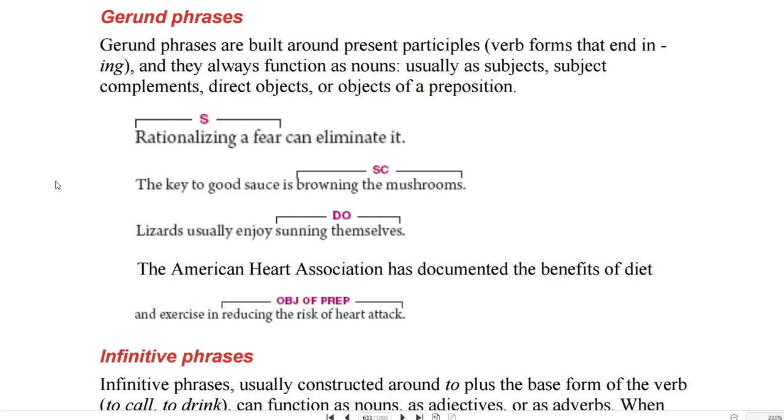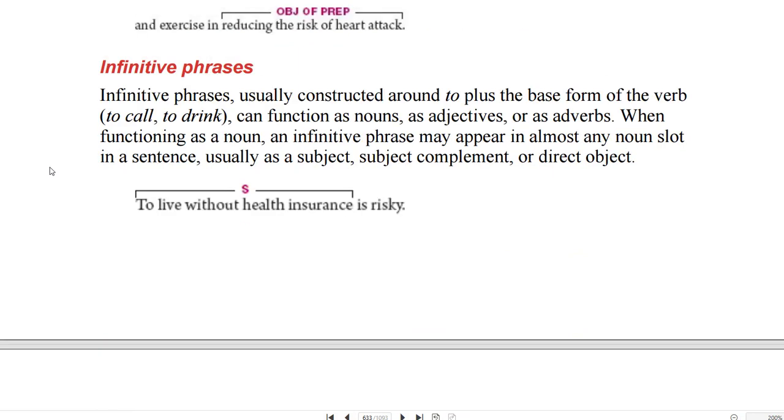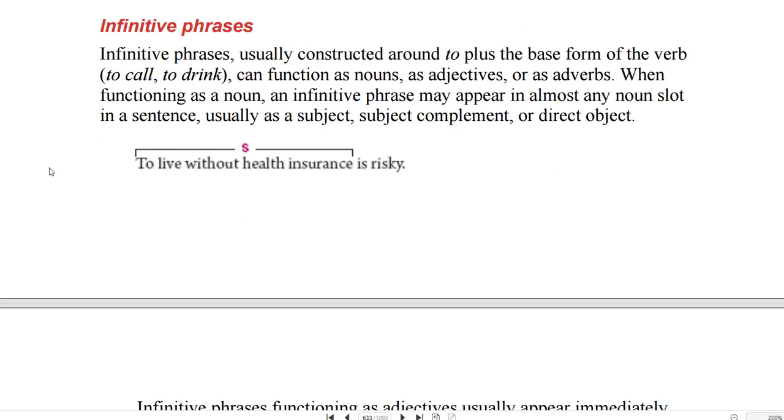That's known as a subject complement, but it's also known as a gerund object. Lizards usually enjoy sunning themselves, direct object. The American Heart Association has documented the benefits of diet and exercise in reducing the risk of heart attack, object of a preposition.